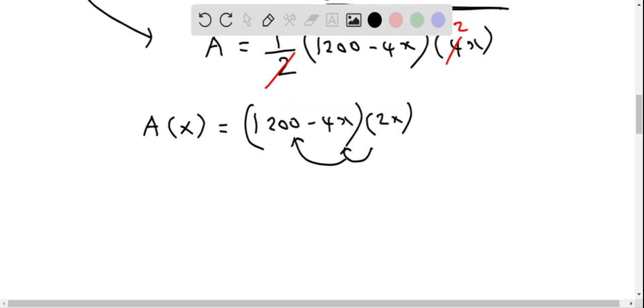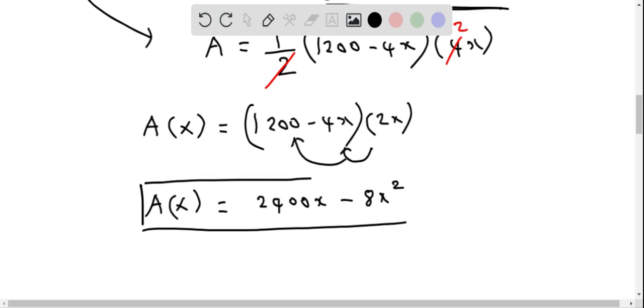So when I do that, I'll be getting this area function equals 1200 times 2x is 2400x minus 4x times 2x is 8x squared. So this is basically our objective function after we have simplified the variables.